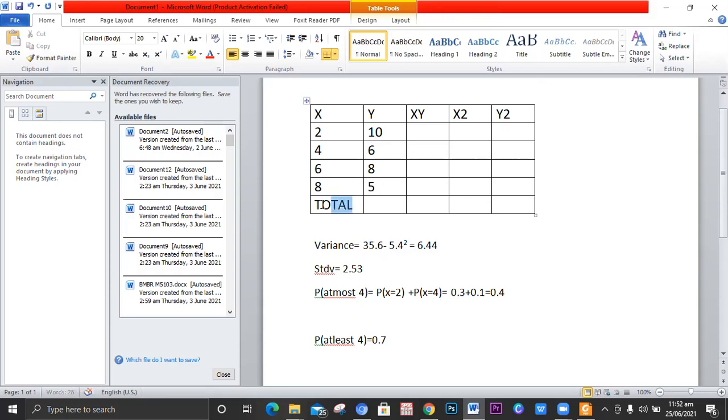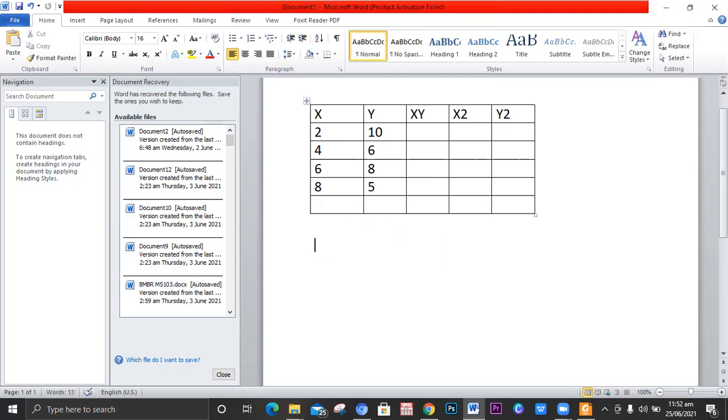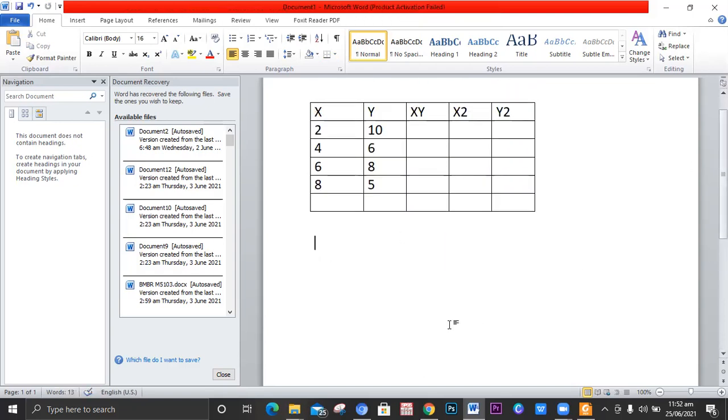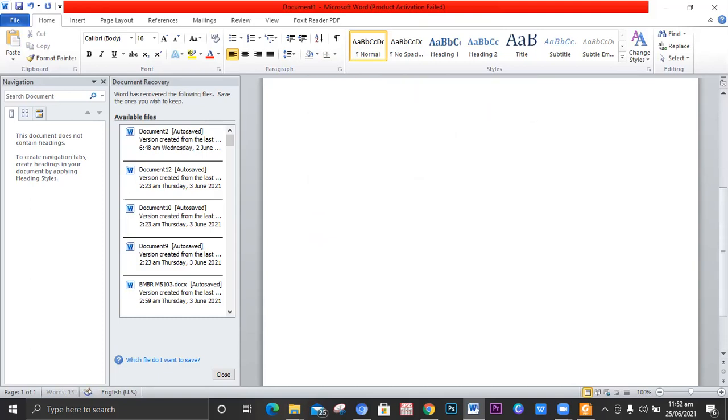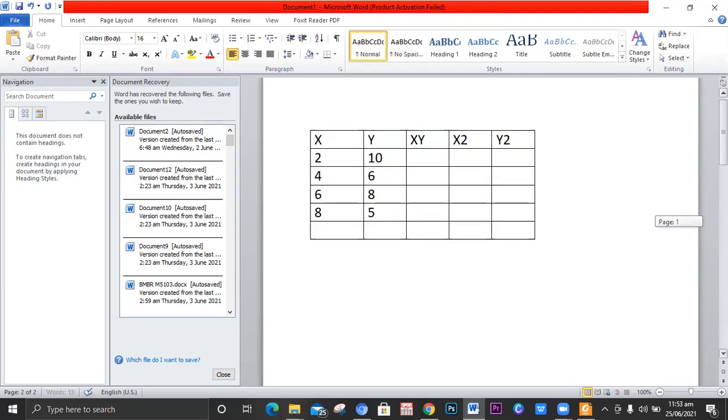Okay. So how do we get this column here? What do we get in here? What do we get here? 20. 24.